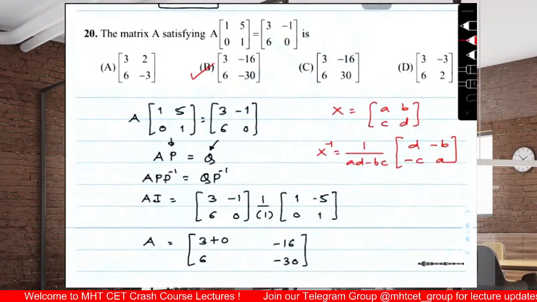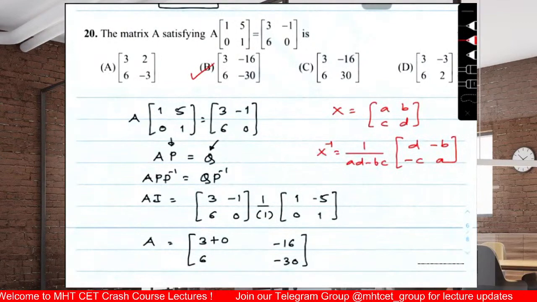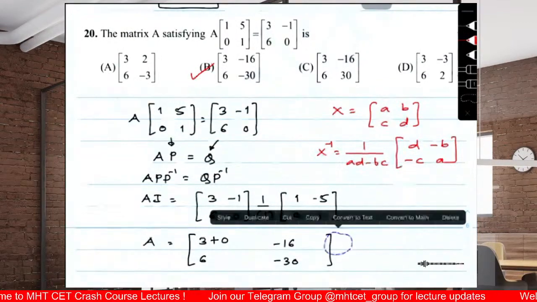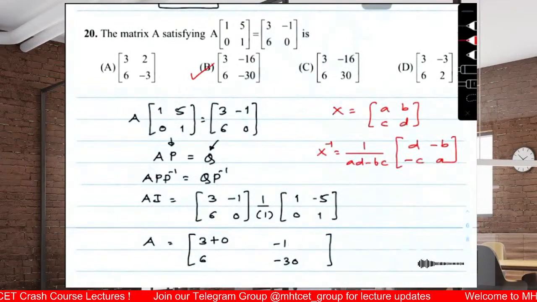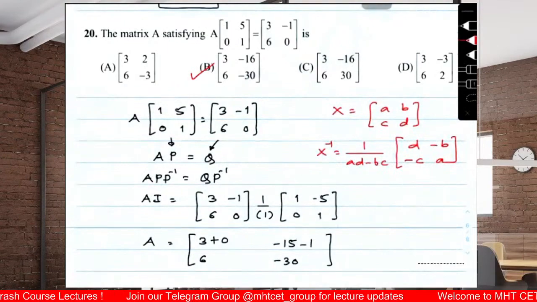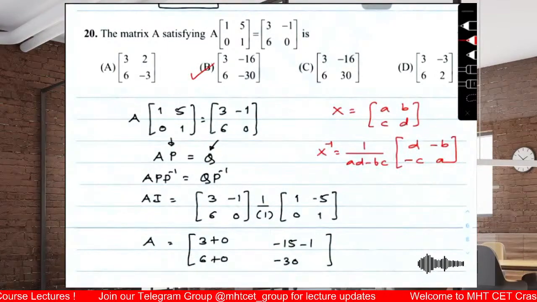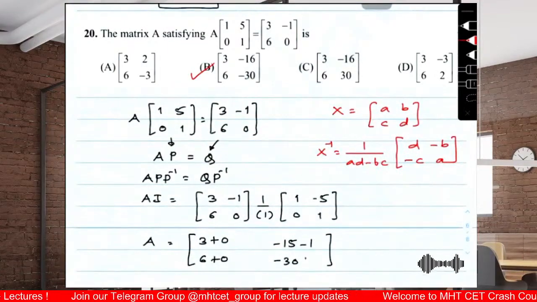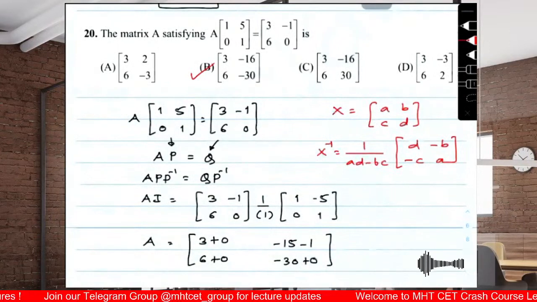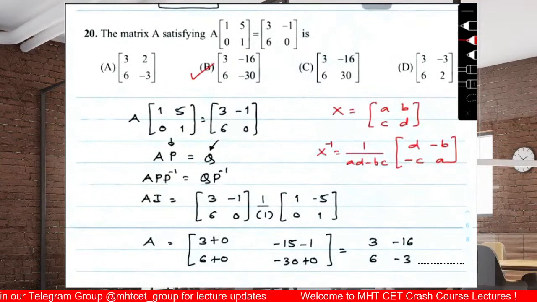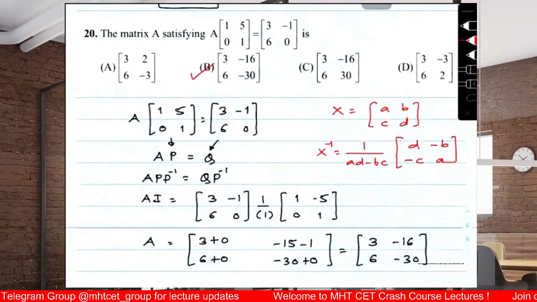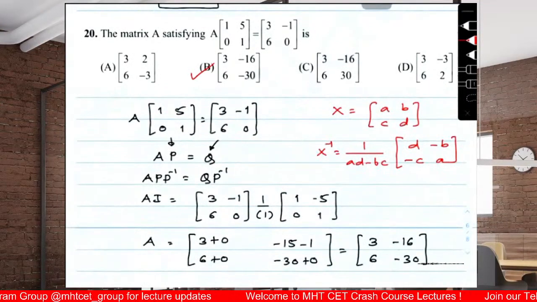This is 3 plus 0. ठीक है. Then this is 3 into minus 5 is minus 15. I'll write for you. Minus 1. 6 into 1 is 6 plus 0. This is 6 into minus 5 is minus 30 plus 0. That is 3 minus 16, 6 minus 30. Right?